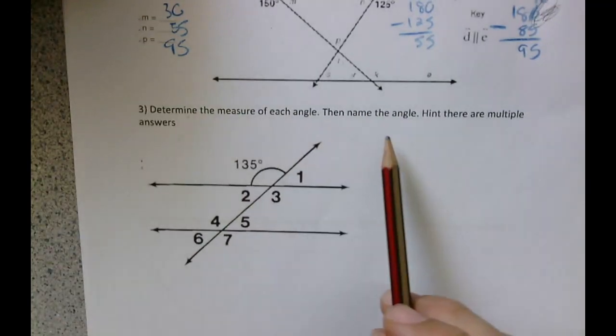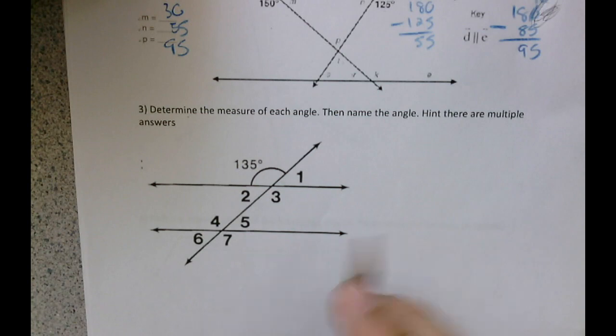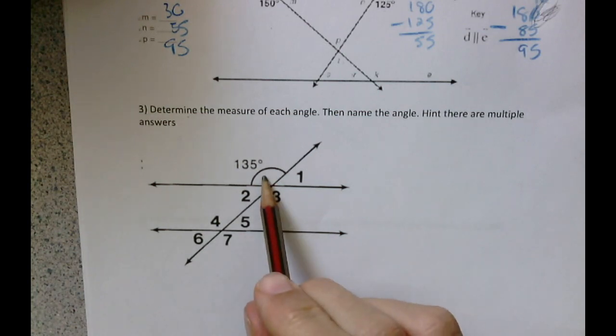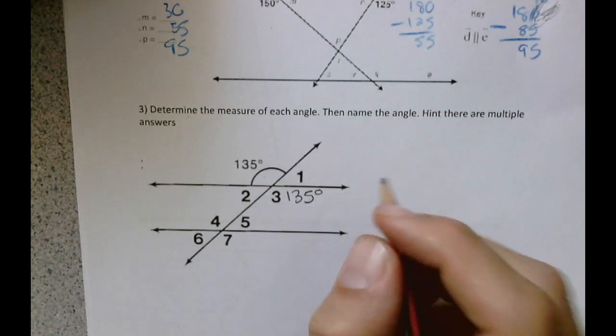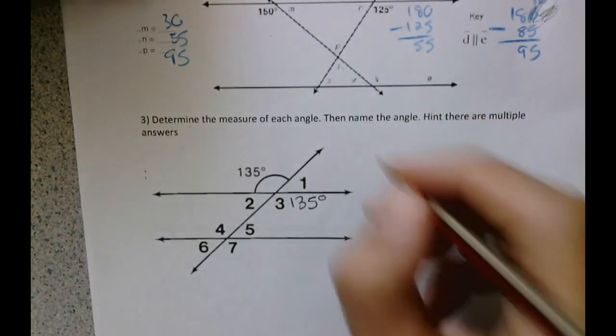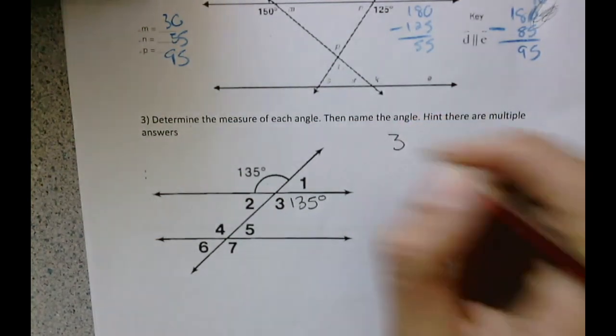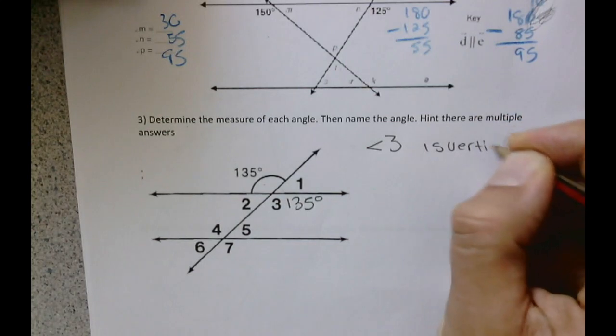Determine the measure of each angle, then name the angle. Hint, there are multiple answers. This is 135 here, therefore this is also 135. And I could say that, let's see here, angle 3 is vertical.